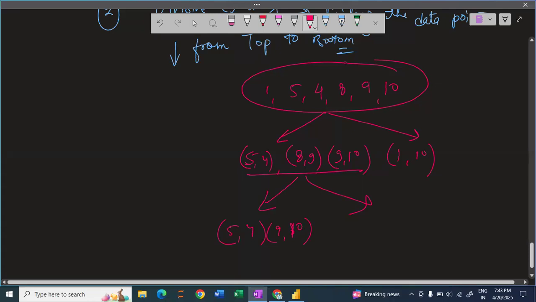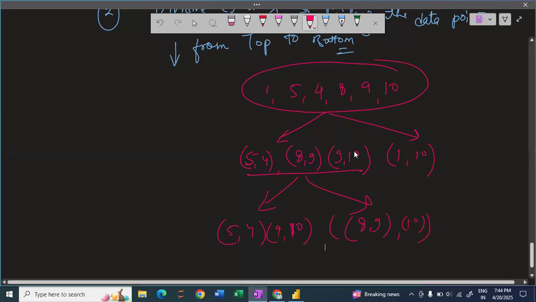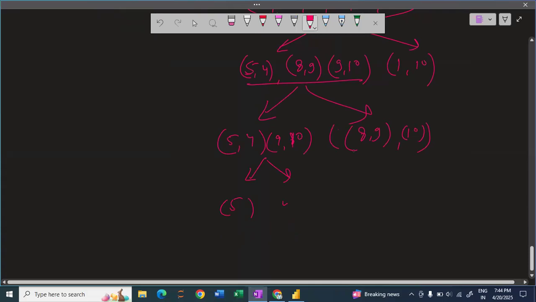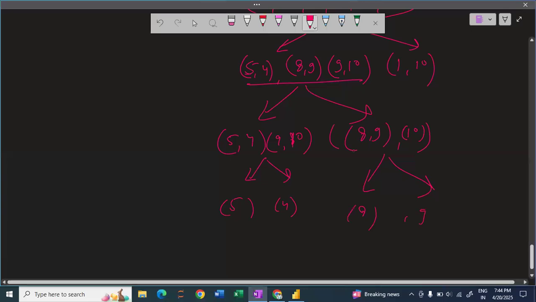Then again, the 8 and 9, and 1, comma 10. Again, it will divide into two parts, 5, 4, 8, and 9. So it will continue until the minimum data point is obtained.